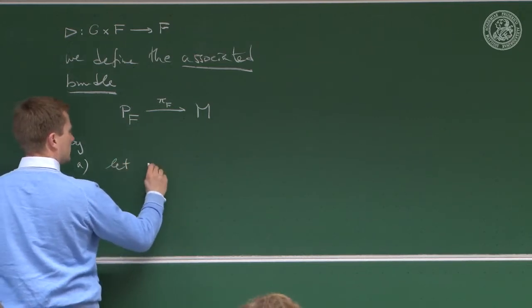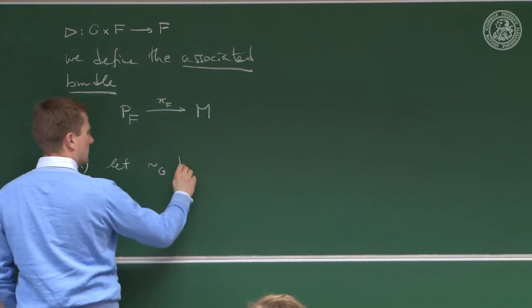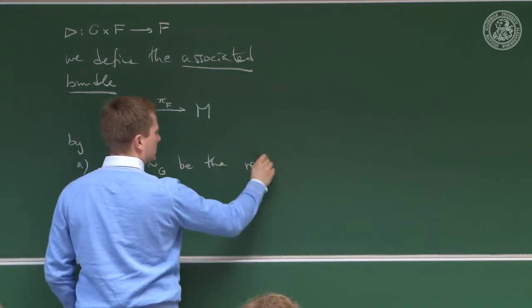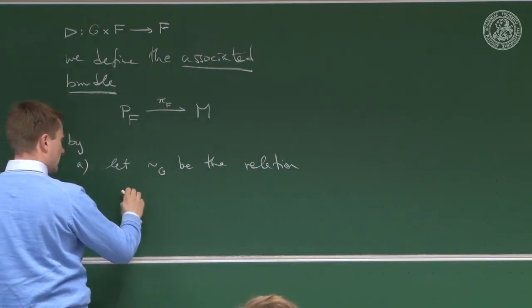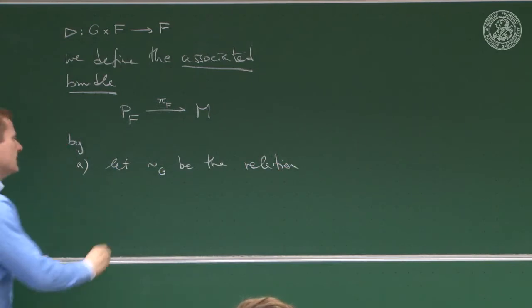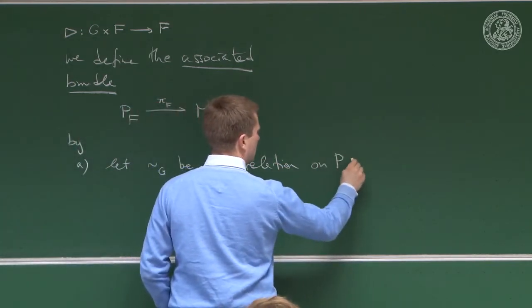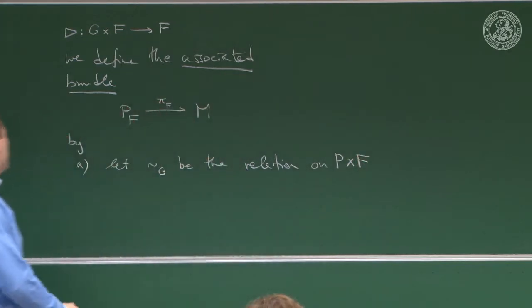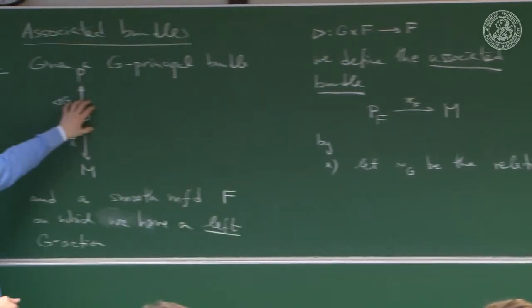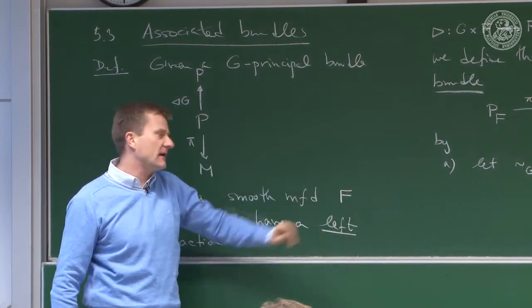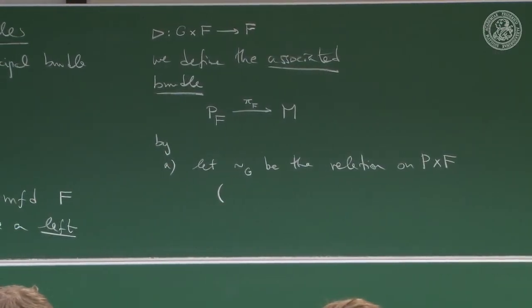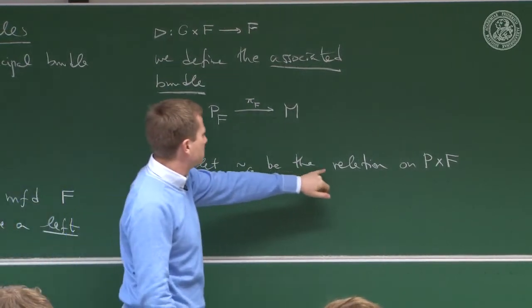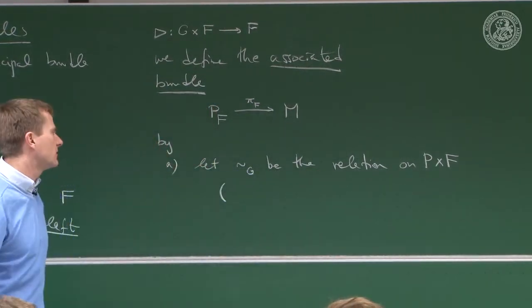So let ~_G be the relation on P Cartesian product F. First of all, we take the total space of the principal bundle and attach to each point of the total space this manifold F. But that's a very big manifold then. We'll make it smaller, again, by defining an equivalence relation and then only looking at the quotient space.